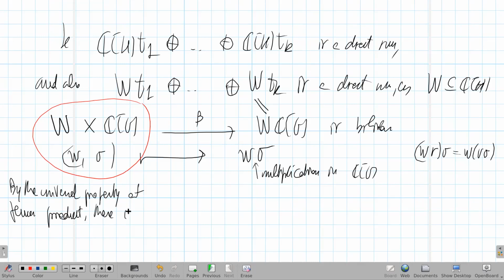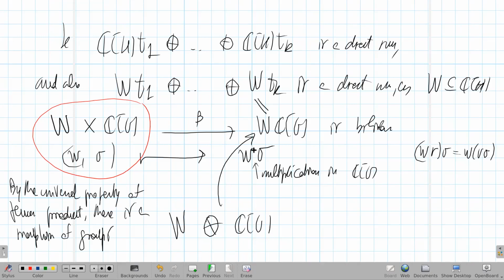There is a morphism, let's call it for the moment of abelian groups, which makes the diagram commute from W tensor CG to this, which does exactly what I was saying. If you take a decomposable tensor, which is the image of this under the map iota, it simply sends it to the product, okay?